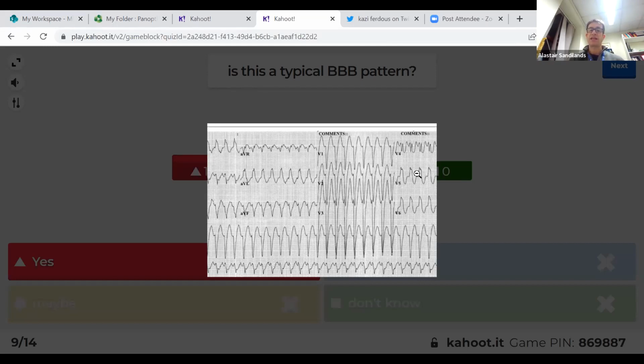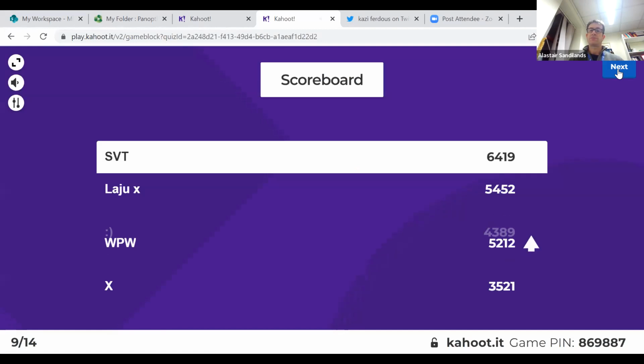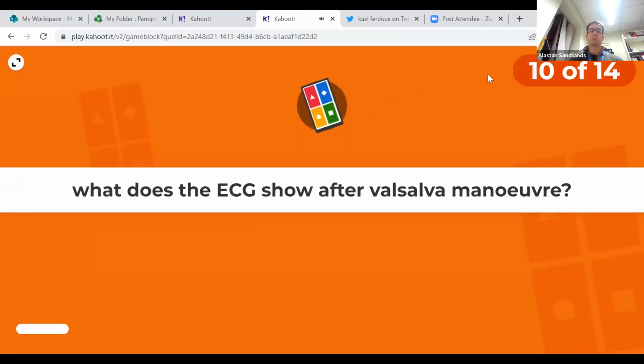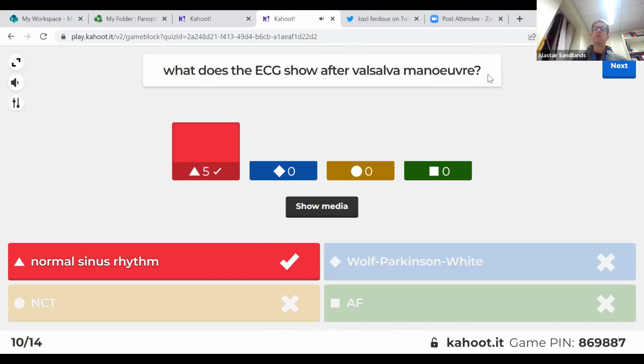It doesn't become positive, the tachycardia, until V5 and V6, so that would fit in with left bundle branch block. Yeah, normal sinus rhythm.